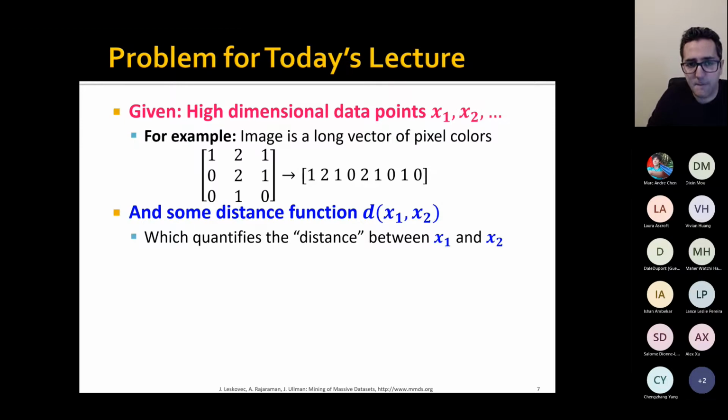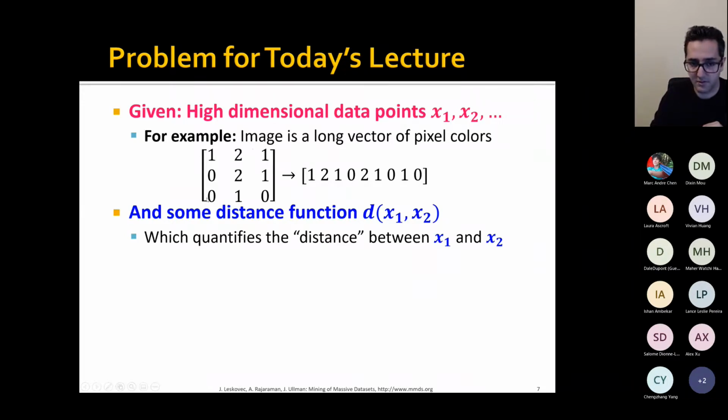Why is this a problem in high dimensional space? Well, for example, if you want to work with images, an image is basically a two-dimensional structure where we have all of the pixels, so we have a value for every pixel. So you can basically convert that 2D structure to a vector.